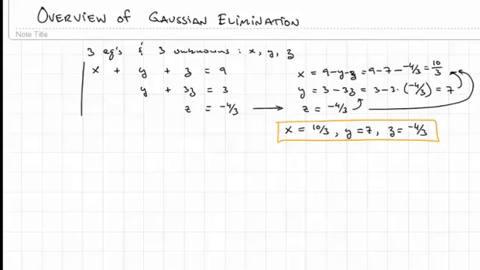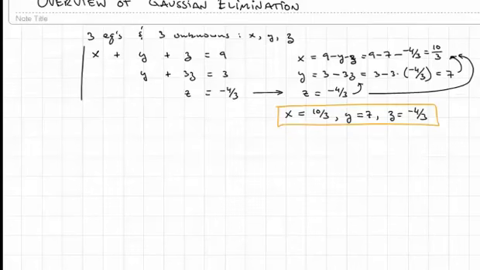And we have solved for our 3 unknowns. Now this happens to be a special case. The 3 equations that are provided here are in what's called an upper triangular form. If we were to rewrite this system of equations in matrix form, we could write it this way. I'm going to have a 3 by 3 matrix.